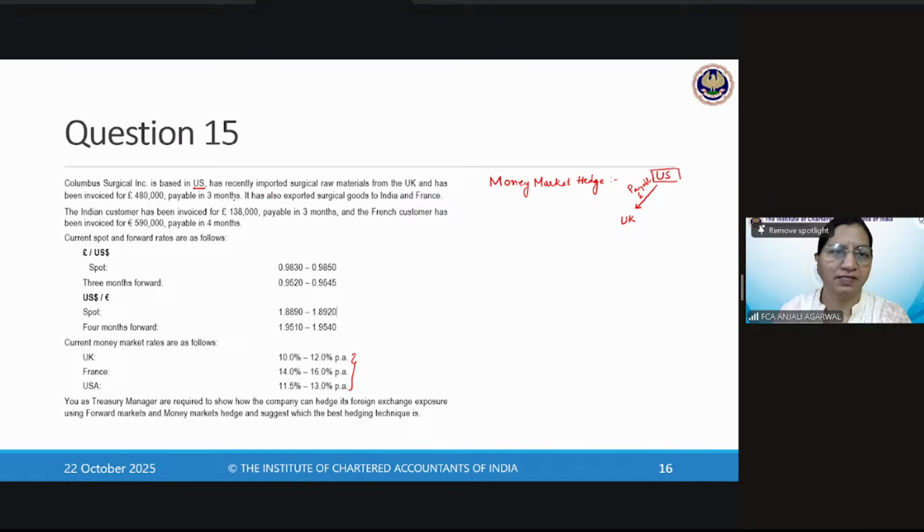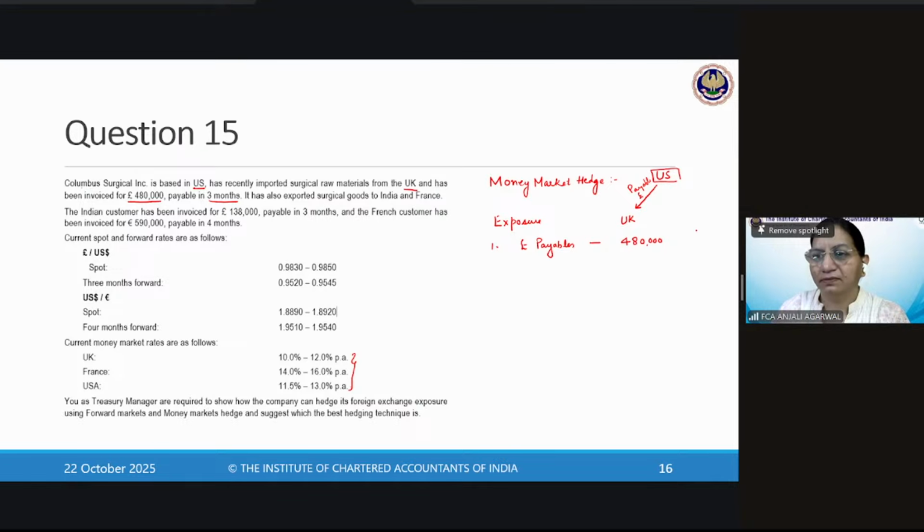Columbus Surgical Incorporation, based in US, recently imported surgical raw materials from UK, invoiced 480,000, payable in 3 months. So let's look at the exposure of this company again from all the angles. Pounds, payables, 480,000.